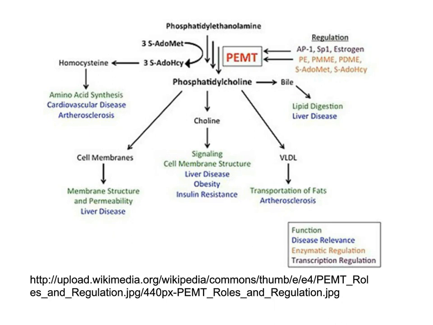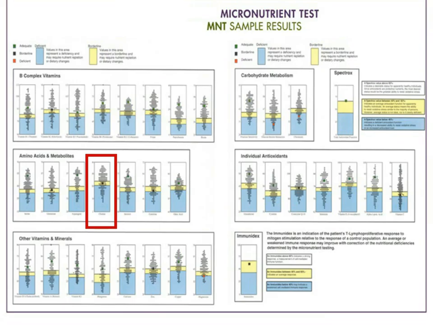So I'm always looking at choline also as a component for supporting our membranes and cell-to-cell communication. And on the micronutrient test, choline is evaluated right here on the center panel in this red, where the red triangle is. That's the choline evaluation.